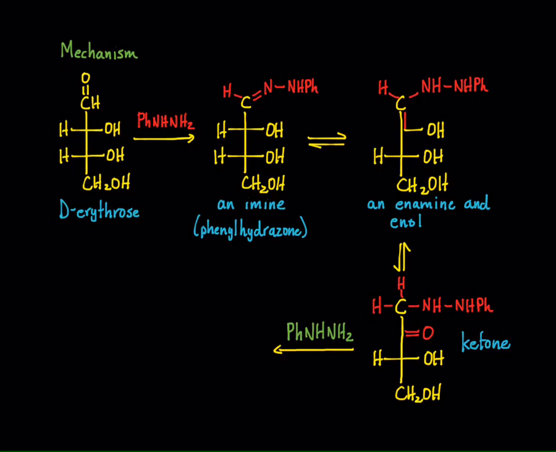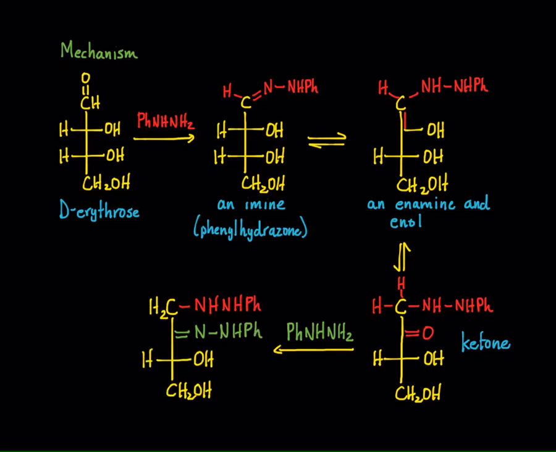And so that phenylhydrazine can add to that carbon-oxygen double bond and give me another amine. So now I have at the top an amine and on C2 an imine. So I form a new imine bond. So I have now at C1 an amine bond and at C2 an imine bond, right?